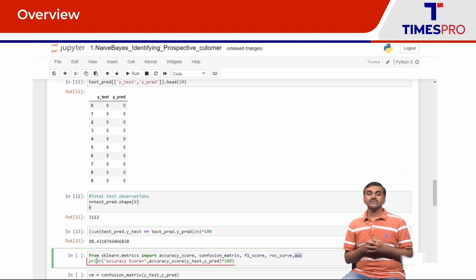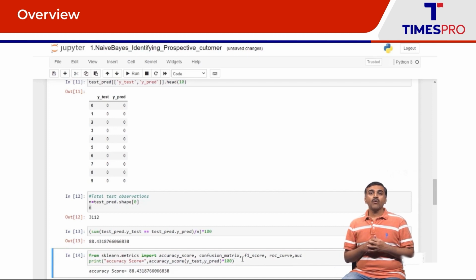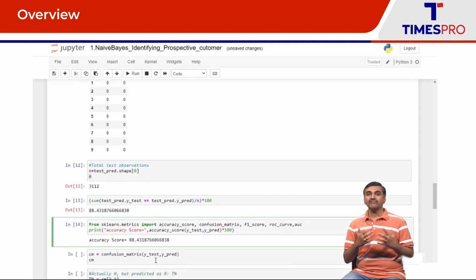To get the accuracy score, I pass y_test and y_pred, which are the actual test labels and the predicted labels, to the method accuracy_score. Let's check what value we get. We get exactly the same 88.43 which we got before.